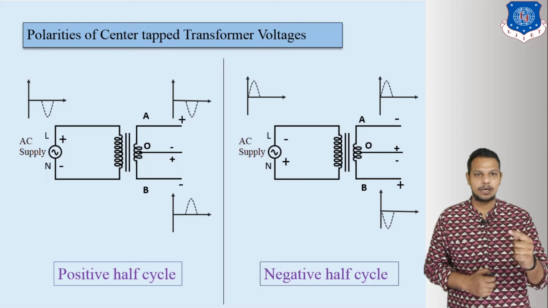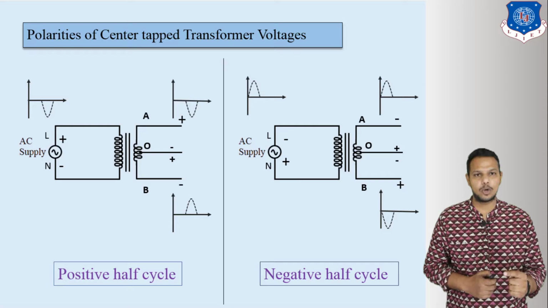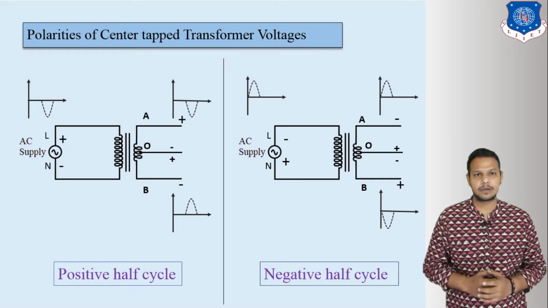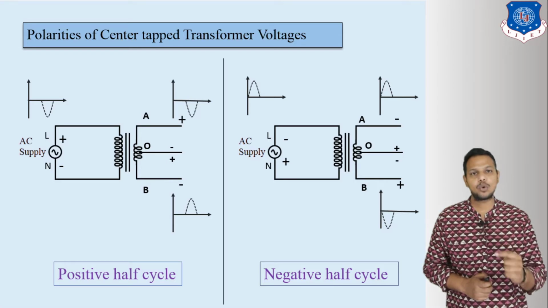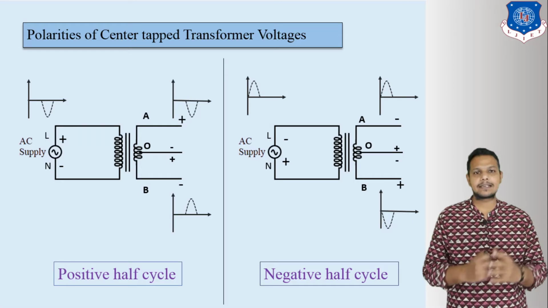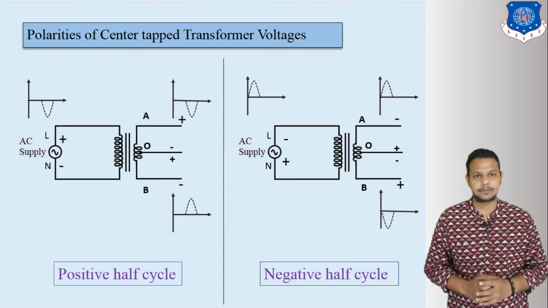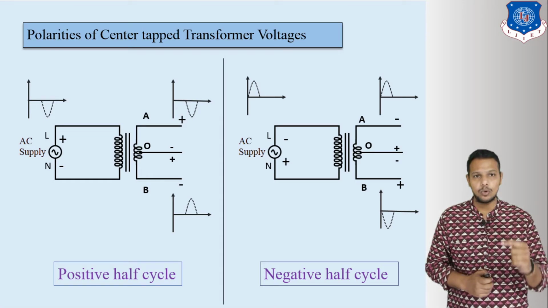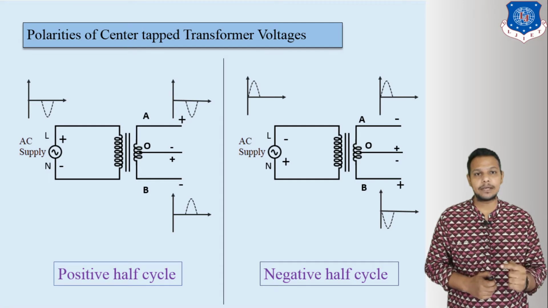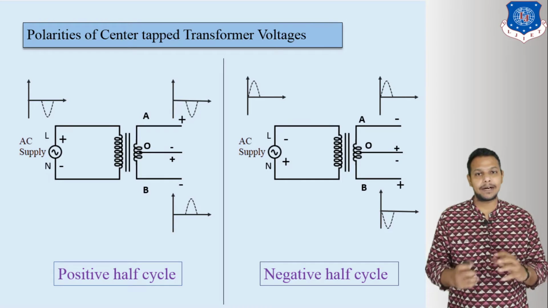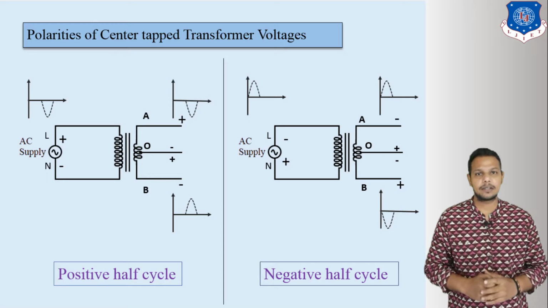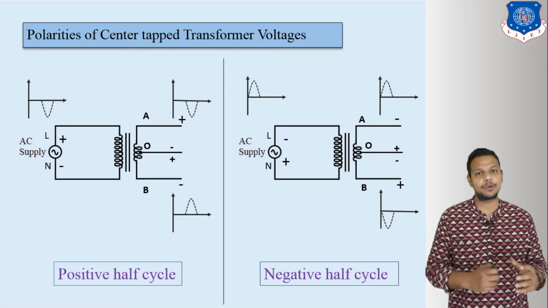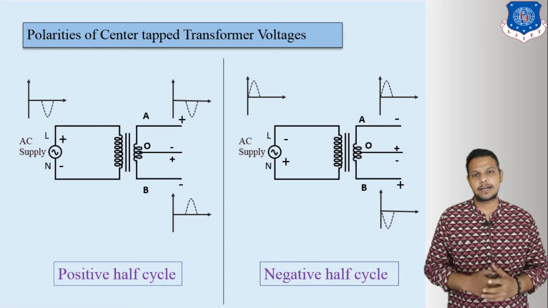Here one is point A, the center is O, and the lower point is B. We get A to O and B to O voltages at the secondary side, but they are 180 degrees phase shifted with respect to each other. Remember this, it is the most important thing we are going to use in this circuit diagram.